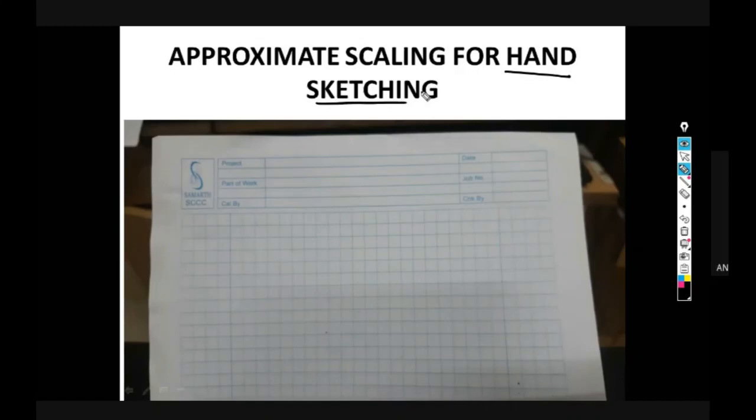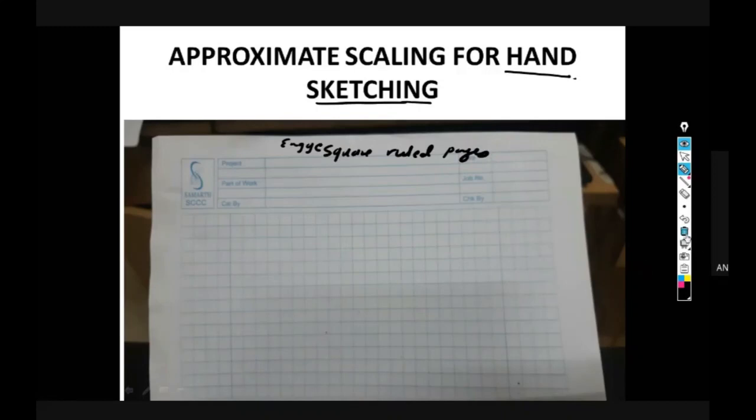Now, approximate scaling for hand sketching. So this is very important. All over the world, there is a practice of using these kinds of papers for engineering calculations. Wherever you go, America, UK, New Zealand, Australia, anywhere, people use this kind of paper. This is called square rule pages.